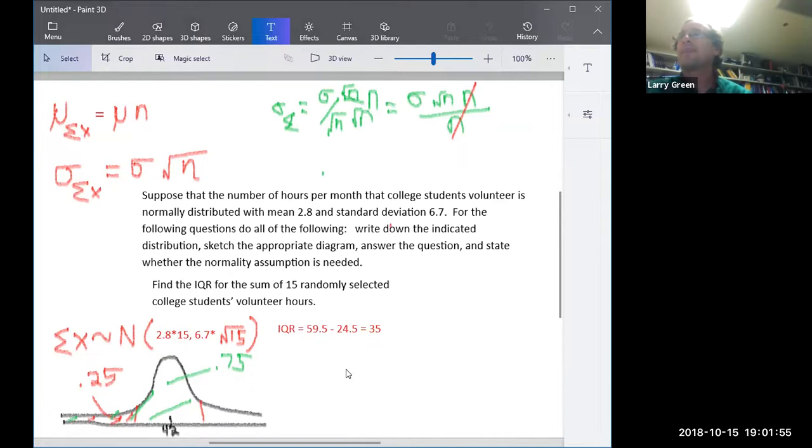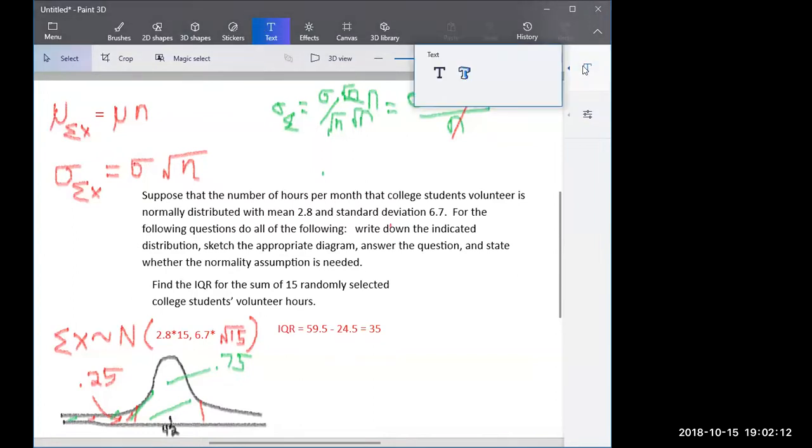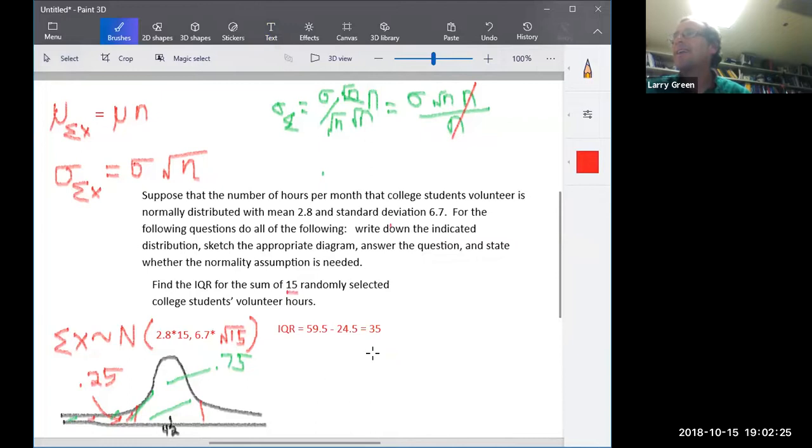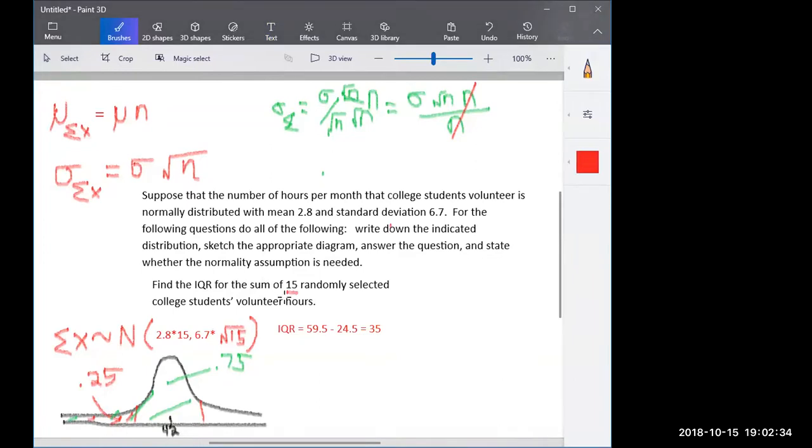Okay, then it says, is the normality assumption needed? Yes or no? I think yes. And of course, I want more than a yes. I want why it is needed or why it isn't. It has everything to do with right here. What's that number? 15. Why is that important? It's less than 30. This is quantitative.